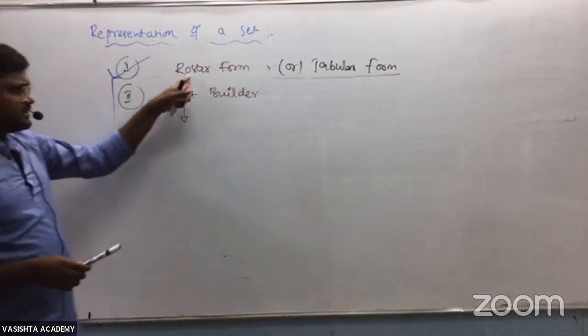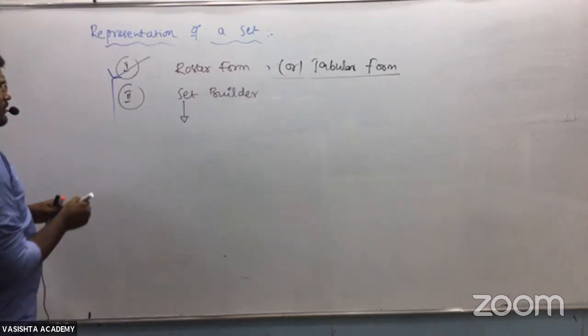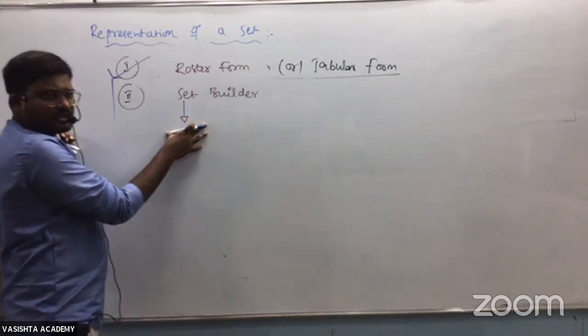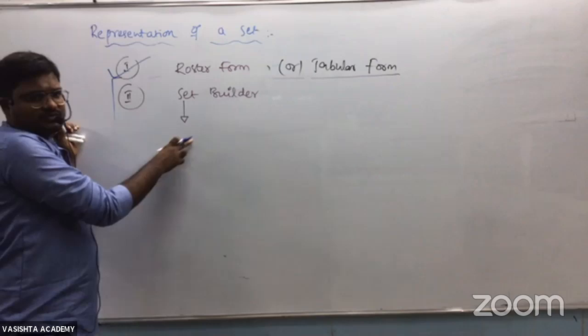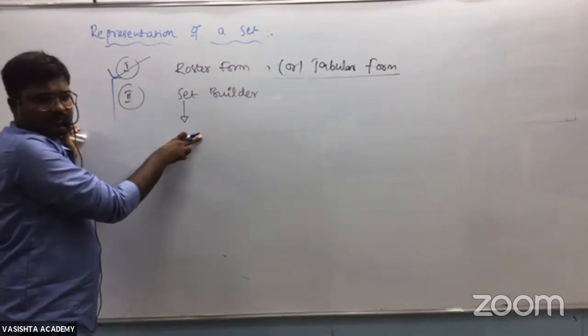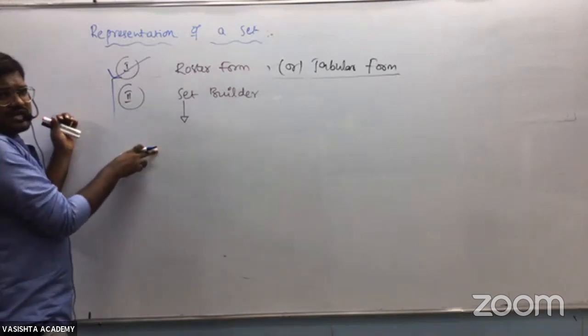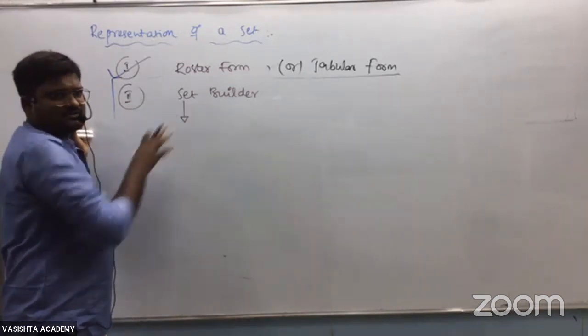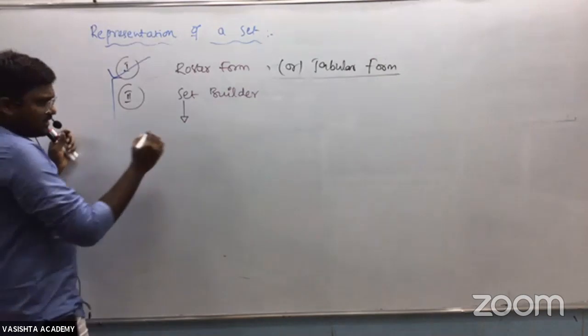The difference between these two forms is that in this form, all the elements of a set will satisfy one common property, where no other element outside the set will satisfy that property. I'll write it here.